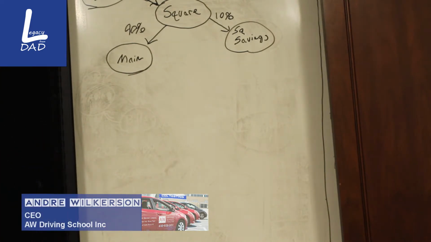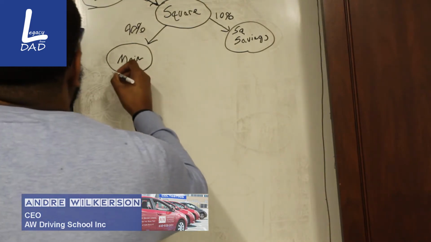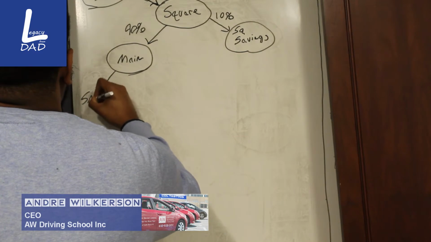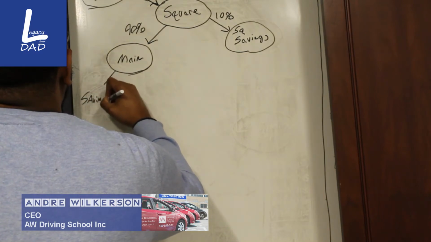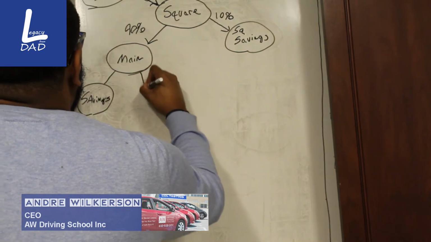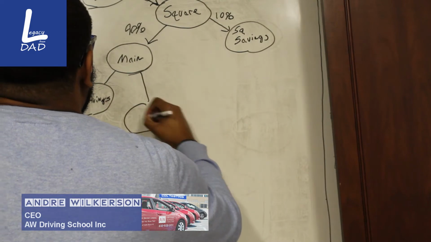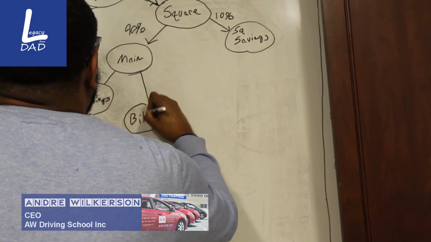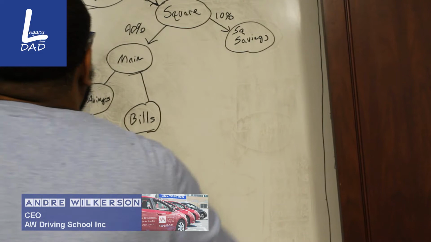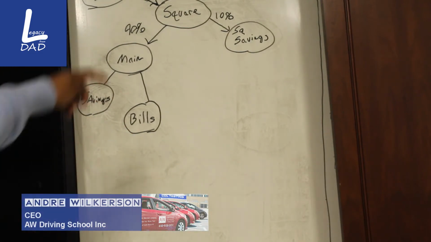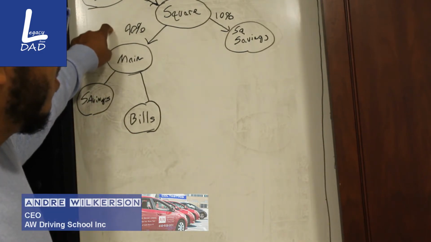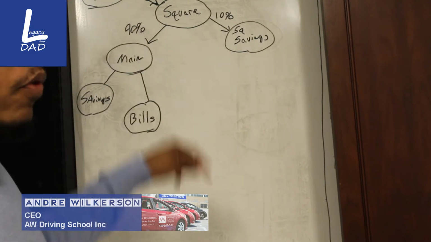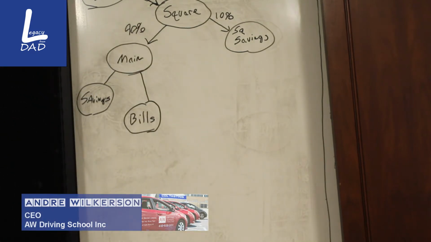From there, I have a savings account and I have my bills account. Now remember, 90% comes in here. So this is what's going to pay for all my operational costs, my payroll and bills.